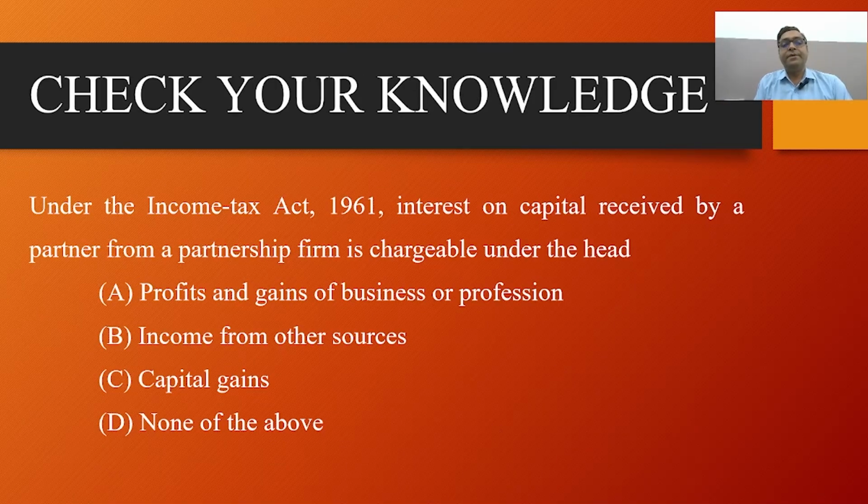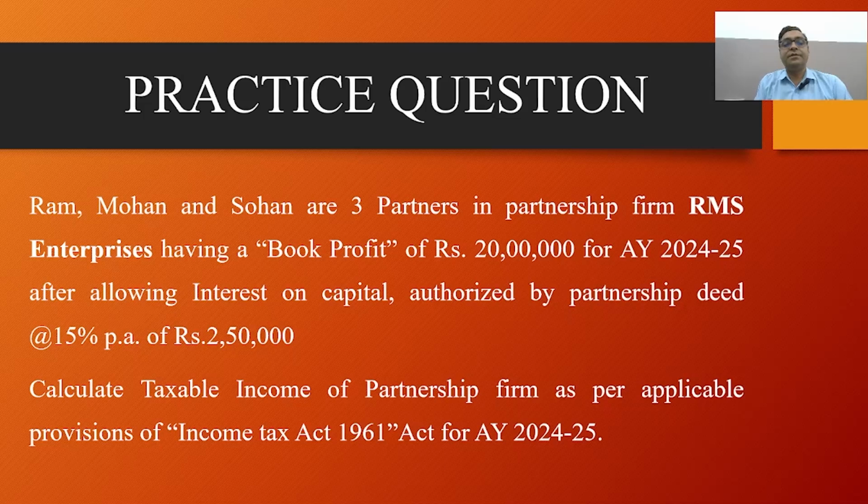First, I will read the question and some information important for the solution. This is a practical problem. Ram, Mohan and Sohan are three partners in a partnership firm, RMS Enterprise, having a book profit of 20 lakh rupees for the assessment year 2024-25, after allowing interest on capital authorized by the partnership deed at the rate of 15% per annum, which is rupees 2,50,000.